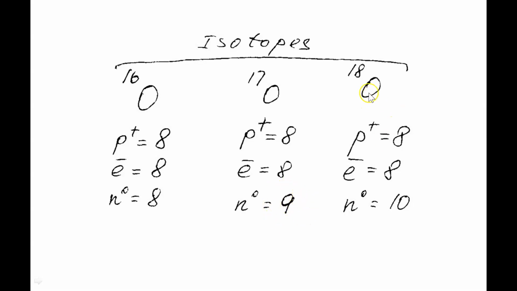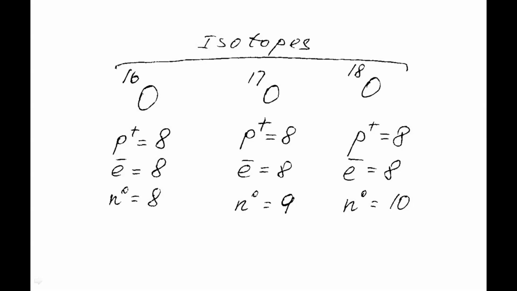And over here, the mass is 18, so 18 minus 8 protons gives us 10 neutrons. So the difference between these 3 isotopes is the number of neutrons. I have 8 neutrons in oxygen 16, 9 neutrons in oxygen 17, and 10 neutrons in oxygen 18.